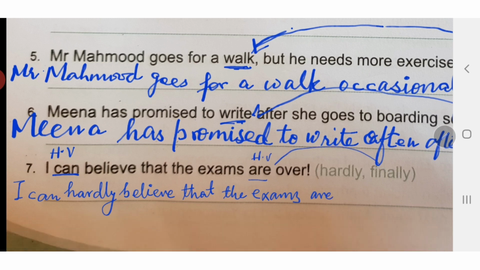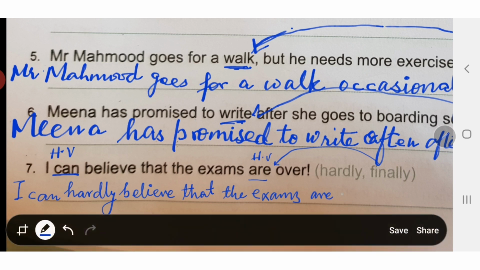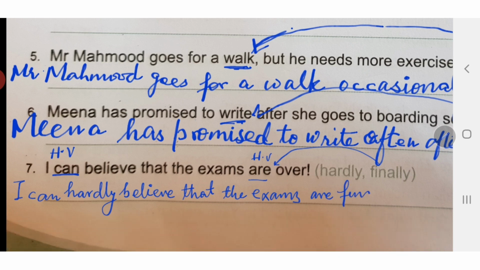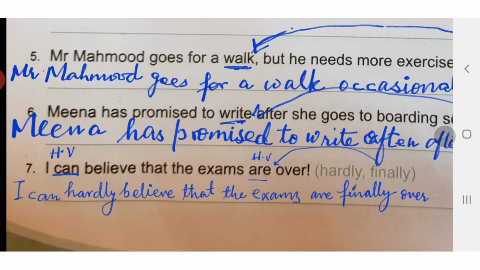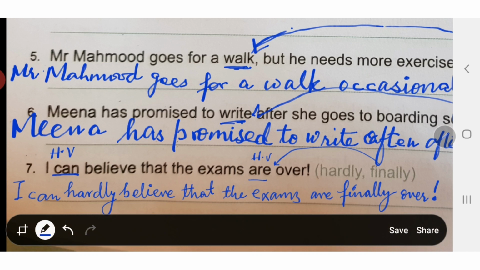So we will put this one here: are finally over! You have done with exclamation. Easy and fun also, right students?